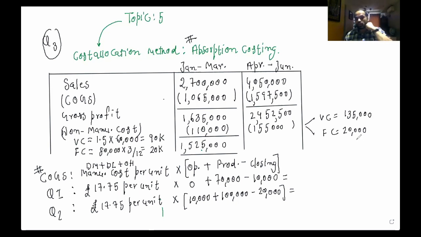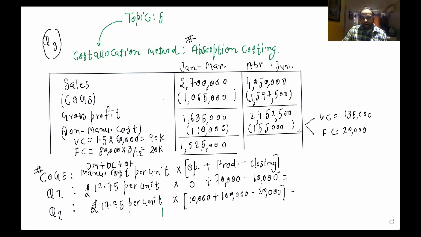So variable cost per unit is 1.5 multiplied by sales unit for second quarter. All right, so that's your non-manufacturing cost for second quarter.